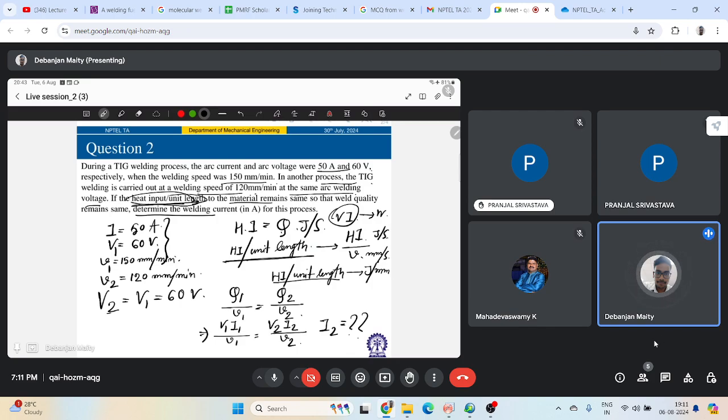Now can you tell me what will be I2 over here? It simply says V2 equals V1. You know the values of velocity 1 and velocity 2. What will be the I2 current for the second process? Just give me a quick answer.